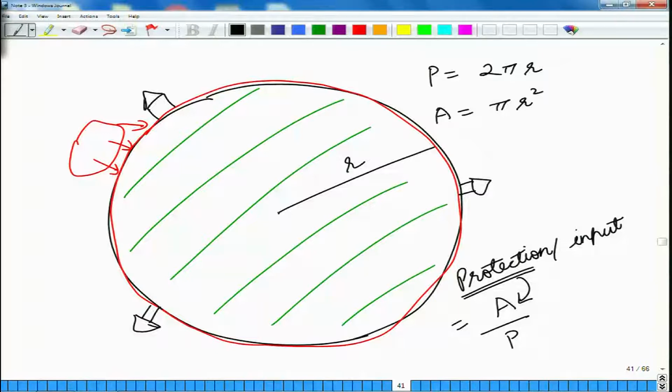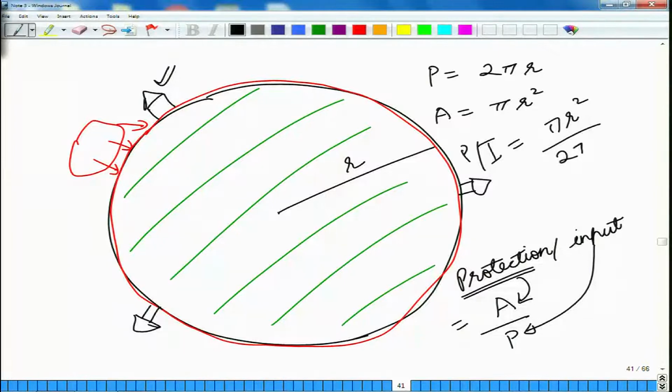So, a larger area that is being protected is better, and input depends on the perimeter, because in the case of this national park, if the perimeter is larger, we would require more number of guards, more number of people.